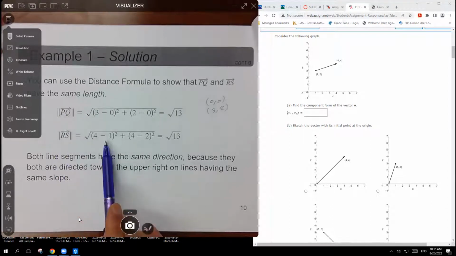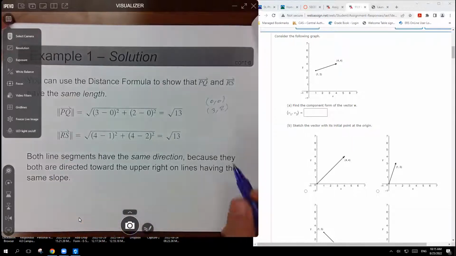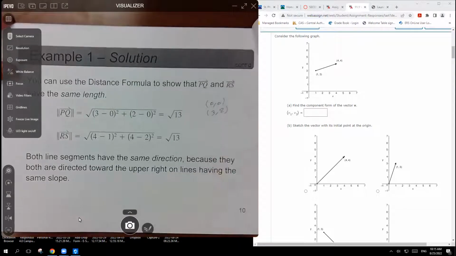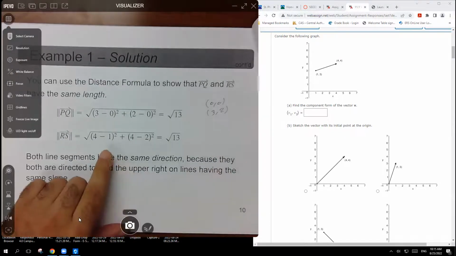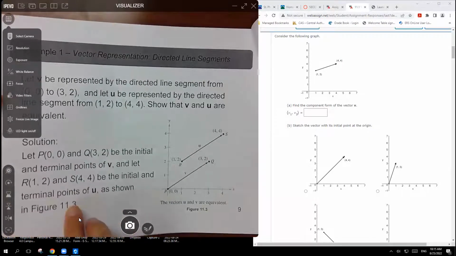Let's check the second one, the distance between R and S. We're going to use exactly the same rule. Here are the second 2 points, 1, 2, and 4, 4.